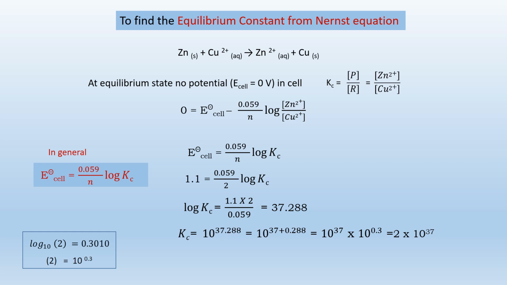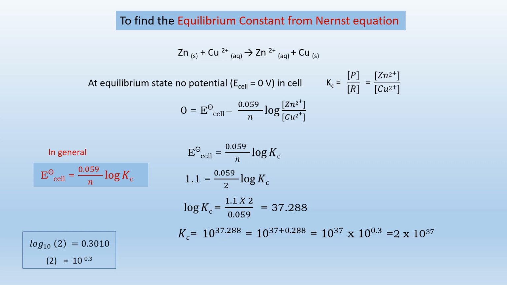We know the log of 2 value is 0.3. That is, I have written that box. See that box. Log moves from the left hand direction to right hand direction. Log 10 power 0.3 is equal to log 2. Okay. So 2 into 10 to the power 37 is the value for the equilibrium constant of the cell reaction between zinc versus copper. You can easily determine it through the Nernst equation.